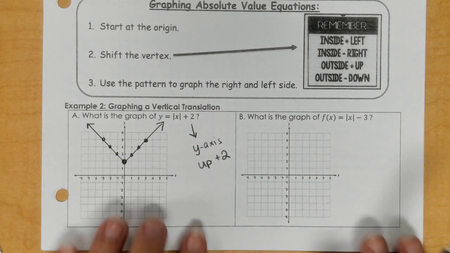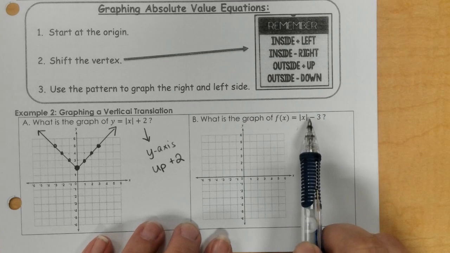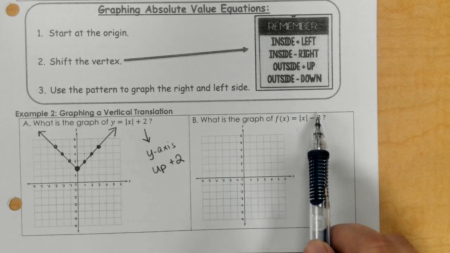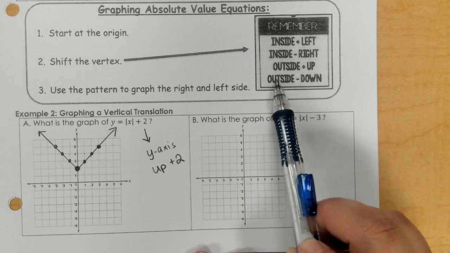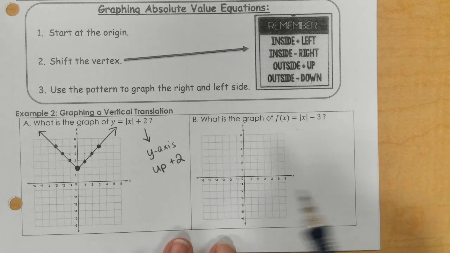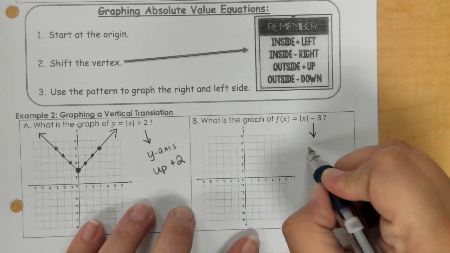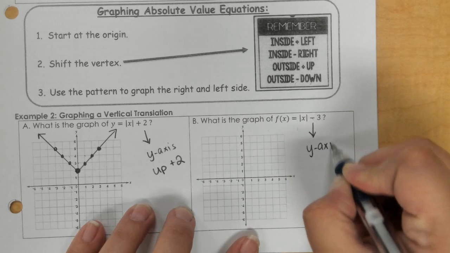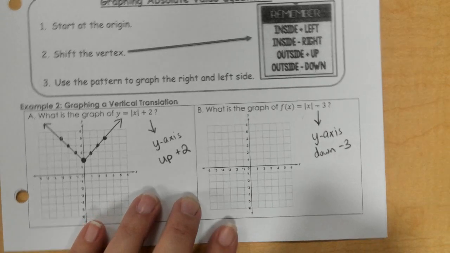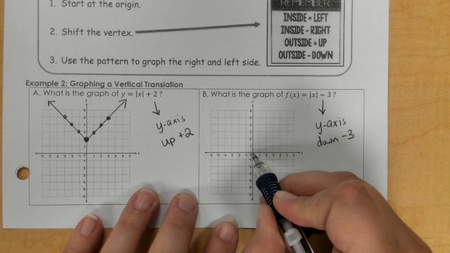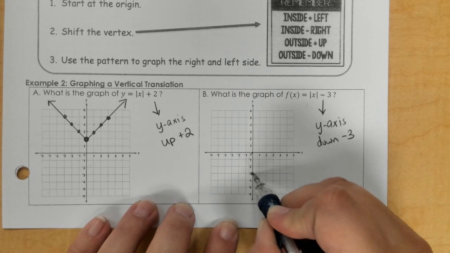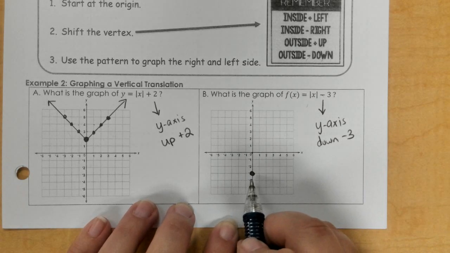Alright, so for part B, we see the absolute value of x, and the minus 3 is on the outside. So, chart: outside, minus sign, you're going down. I'm going on the y-axis, down 3. Here's my origin where I normally start at 0. I go down 3 units, here is my new origin.